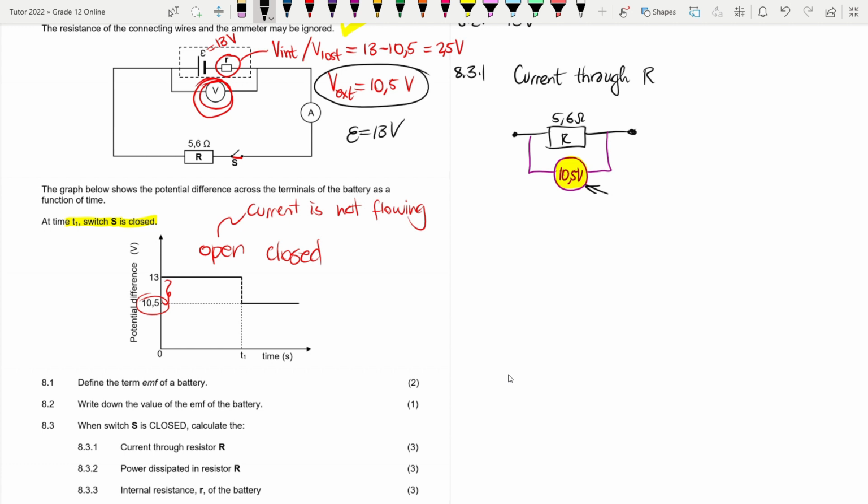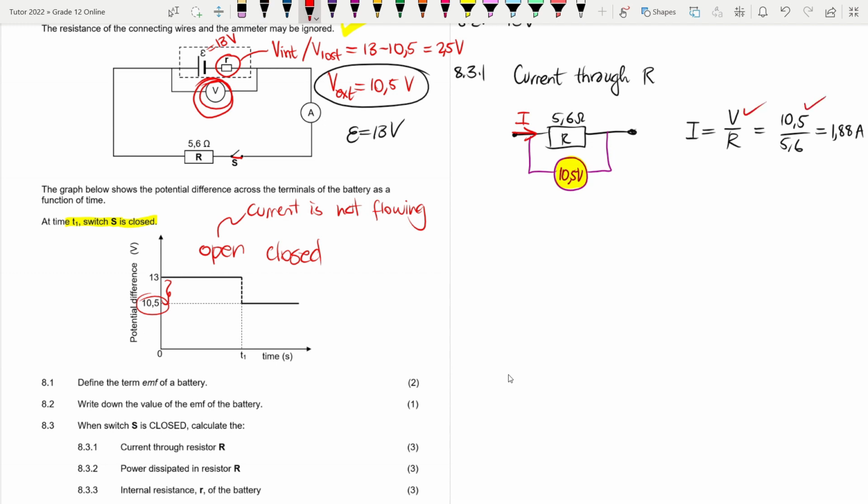But because we already subtracted the lost volts, all the voltage that is left goes across R. So with that sketch, I can find my current using our good old Ohm's law: 10.5 over 5.6, which is going to be 1.88 amps.